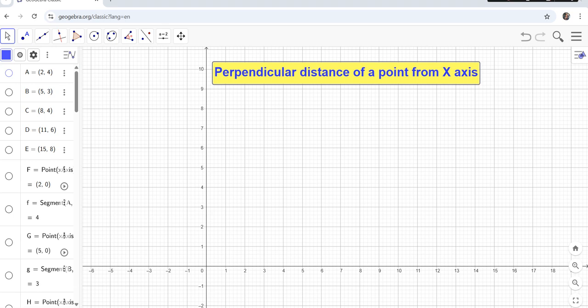Dear students, let's visualize a new concept, that is the perpendicular distance of a point from the x-axis, right? So for this I'm going to mark some points in the first quadrant, say A, whose coordinates are (2, 4), B, whose coordinates are (5, 3), C, whose coordinates are (8, 4), D, whose coordinates are (11, 6), E, (15, 8).